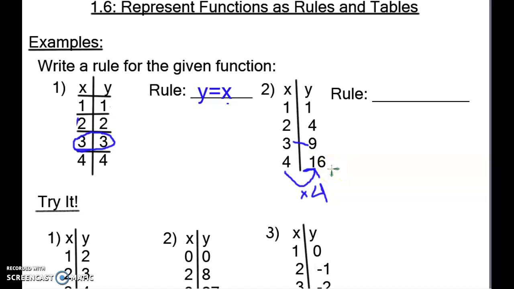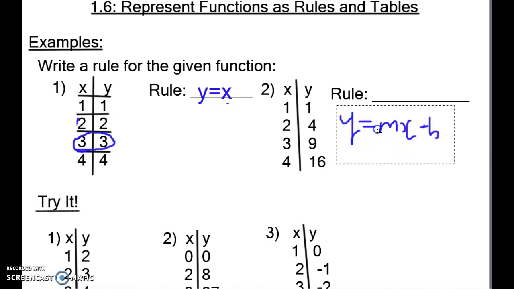So you're probably wondering, hey, you just said that a rule is a function where most functions follow this method. But there is no constant slope. So how is this a function?